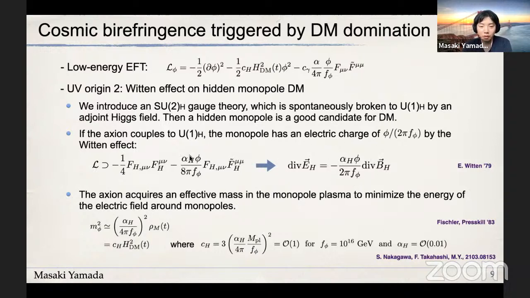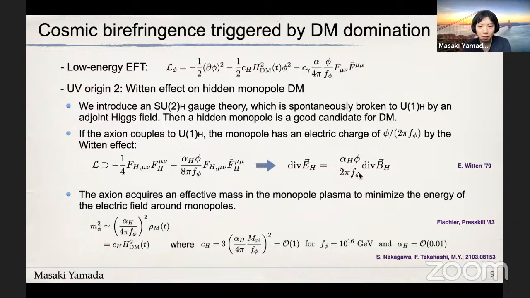If there is a Chern-Simons coupling between this U(1) hidden gauge field and the axion, then Gauss's law is modified in this way. So this means that around the monopole, we have a non-zero electric field, meaning that the monopole is a dyon with an electric charge proportional to this axion field value.